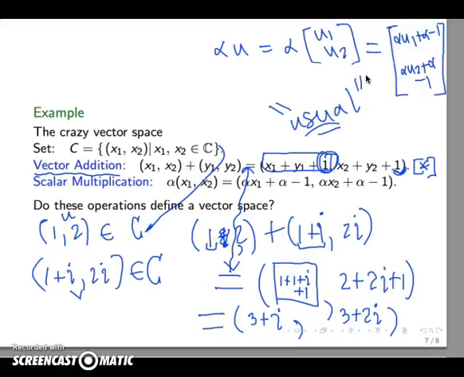The challenge here is that you need to pause the video right now and review every single one of those 10 properties. You need to determine whether every single one of those 10 properties that define a vector space holds true if these are the definitions of vector addition and scalar multiplication.